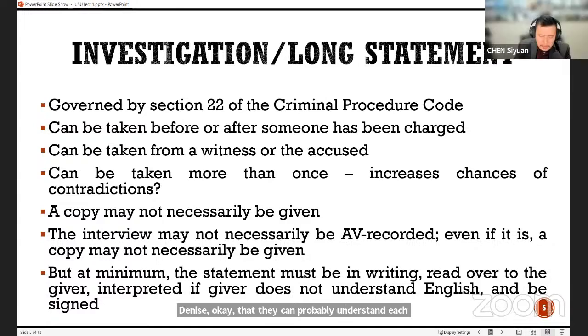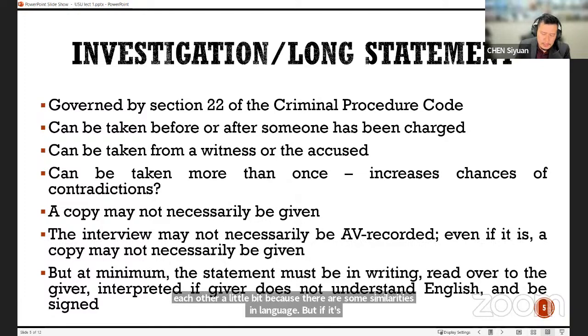They won't fully understand each other, but they can understand each other a little bit because there are some similarities in language. But if it's other kinds of Chinese dialects which are a bit more obscure, and there isn't an interpreter to interpret those things into English, that's where you may have a problem. That's where the reliability of the statement may be called into question.